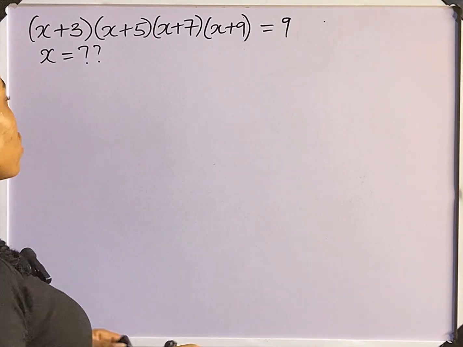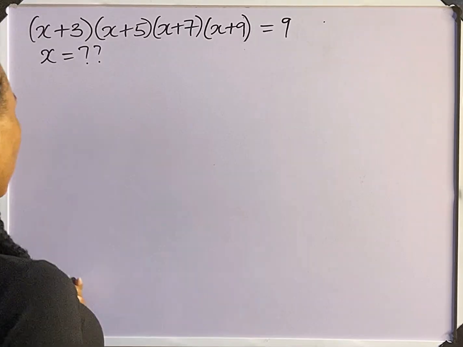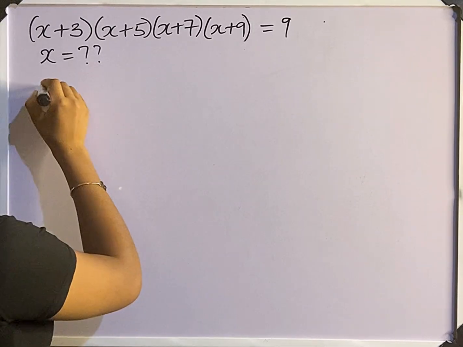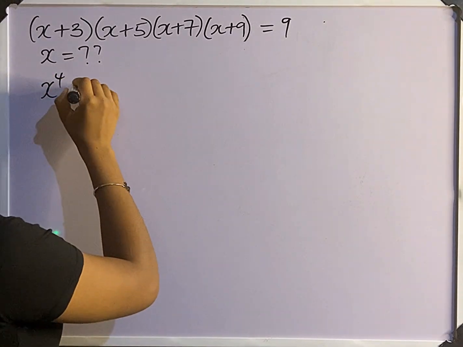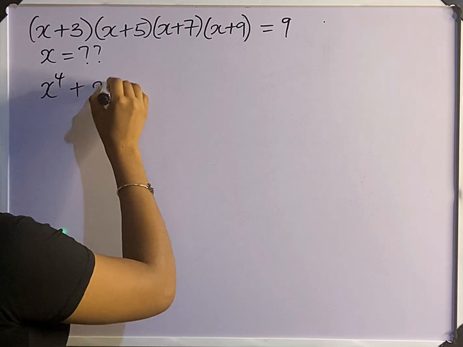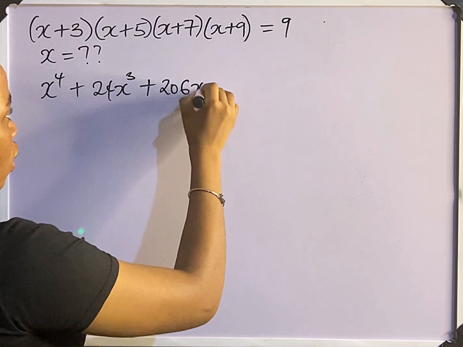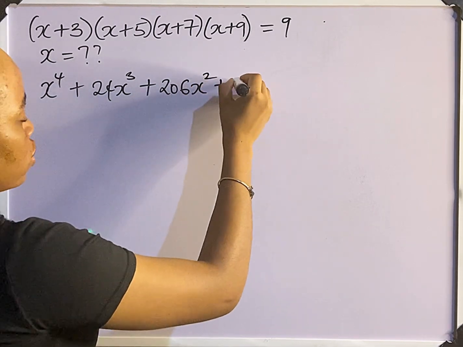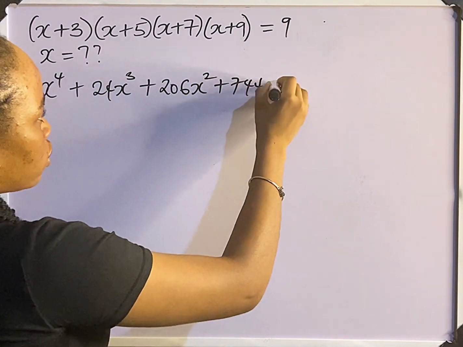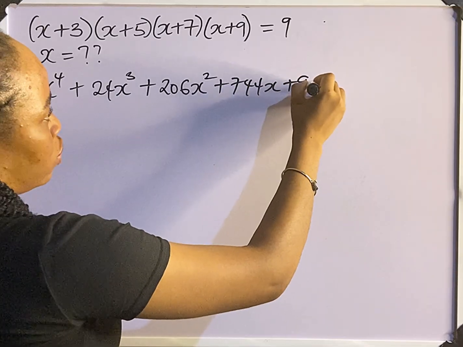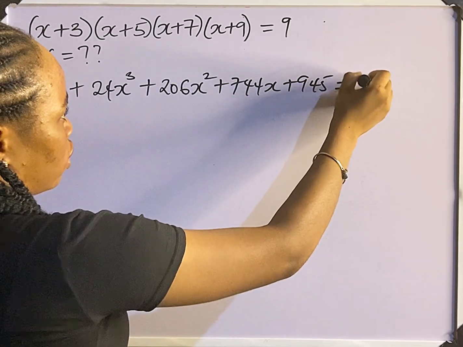Because if we expand this, we'll have something like x to the power 4 plus 24x cubed plus 206x squared plus 744x plus 945 equals 9.